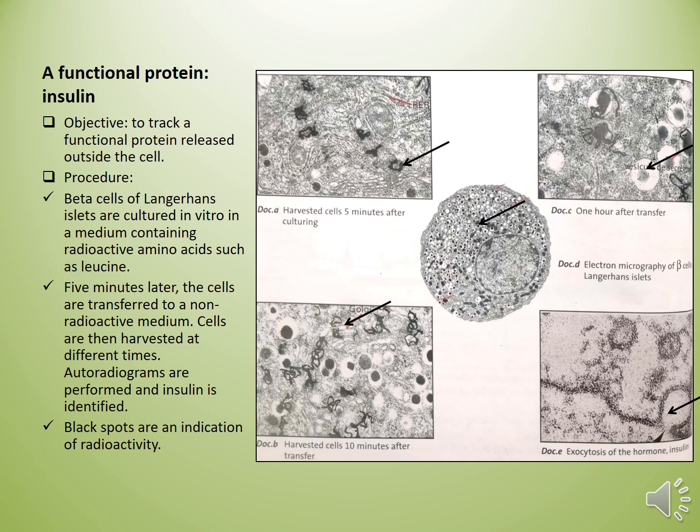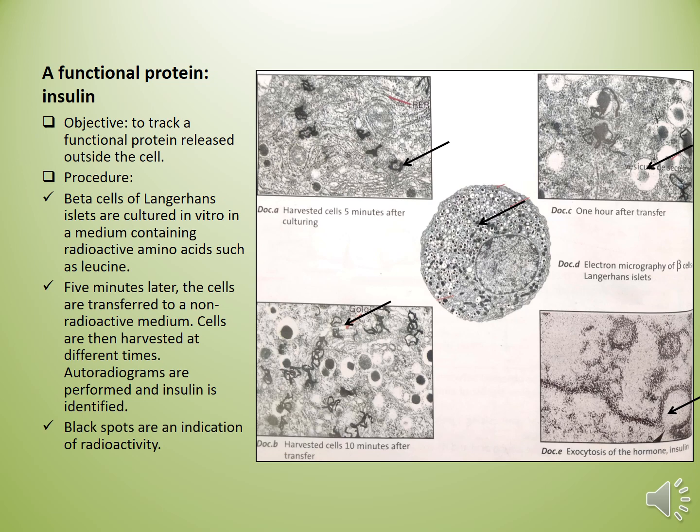Cells are then harvested at different times, and autoradiograms are performed where insulin is identified. The black spots shown are an indication of radioactivity. As shown in document A, the radioactivity shows clearly in the cytoplasm. In document B, after 10 minutes of the harvesting, the radioactivity is shown in the Golgi apparatus, which is the site of the maturation of proteins.